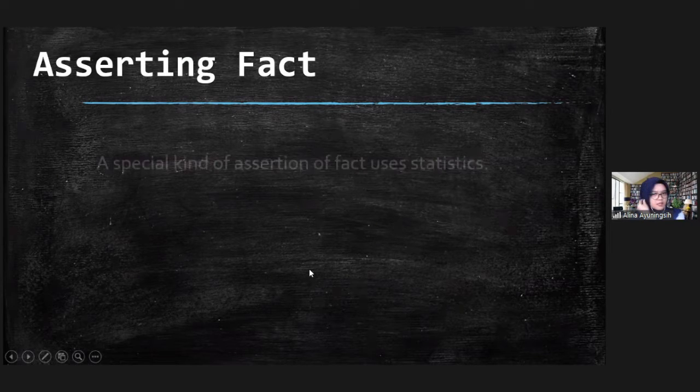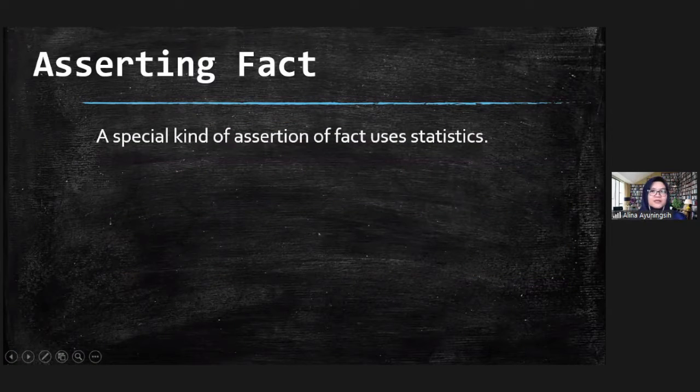So mostly we use statistics or data, or the result of research or a survey, to support our claim. Again, the purpose of any type of backing argument is to support our claim, our thesis statement.